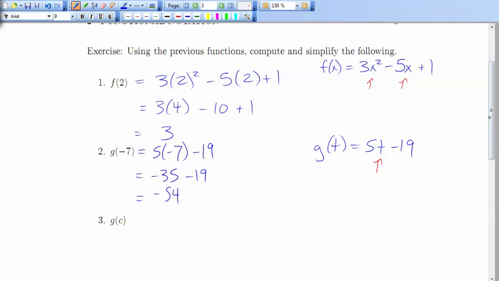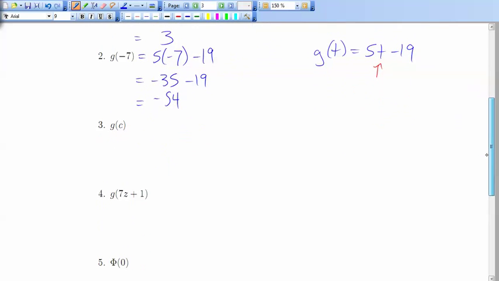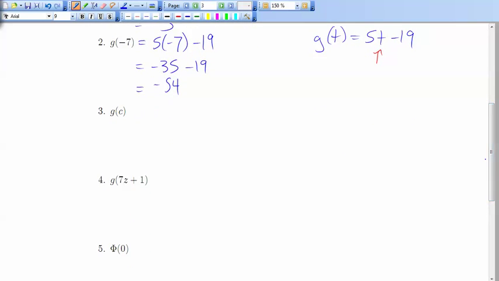Now, of course, I'm not limited to just plugging numbers into my functions. I can also put in other algebraic expressions. So if I plug c into g, what does that look like? Well, just like I would with a number, everywhere I see a t, I'll replace it with a c.